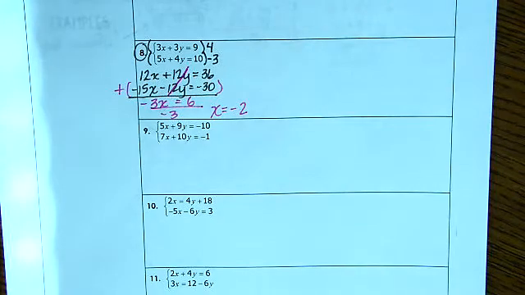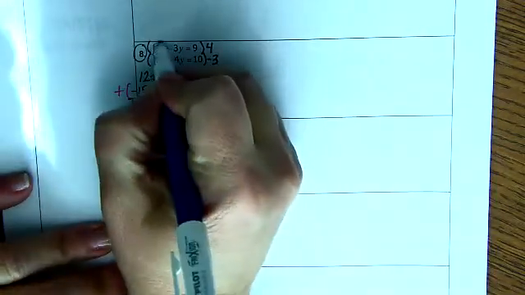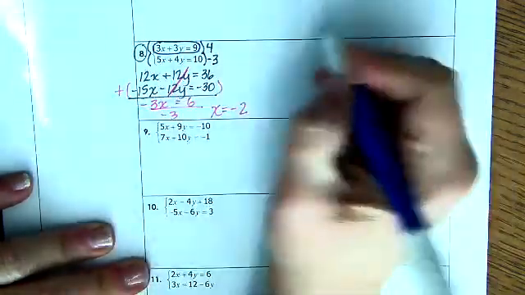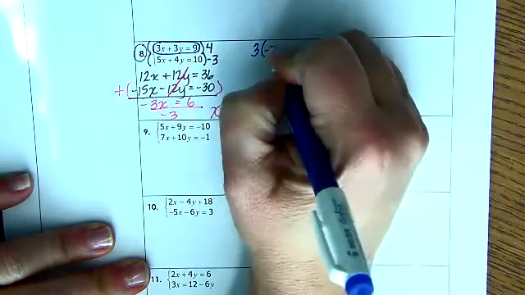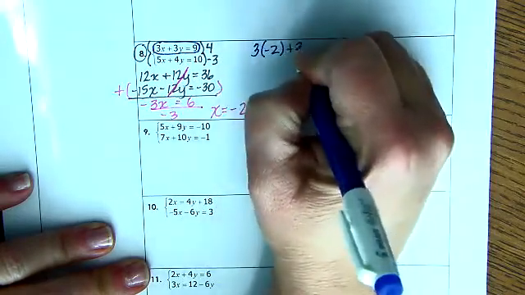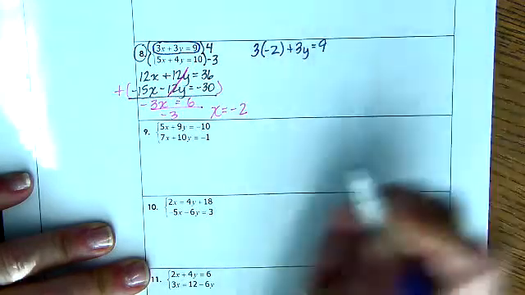Now we just continue to solve. I pick whichever one I think is easier. I usually pick the one that's got the smaller numbers. So now I'm going to use this equation and plug in the x. So I'm going to have 3 times -2 plus 3y equals 9. It really doesn't matter.